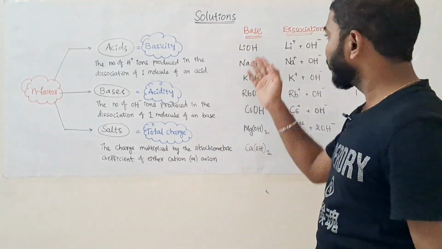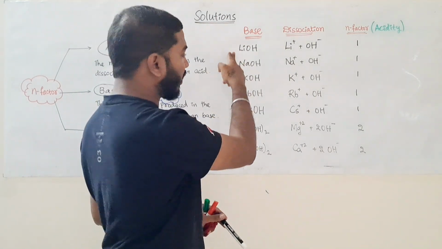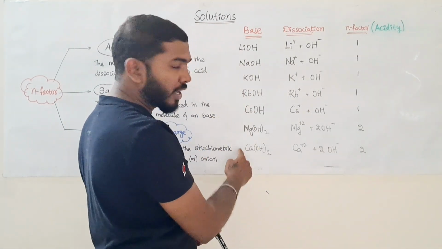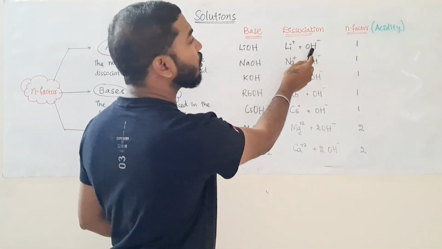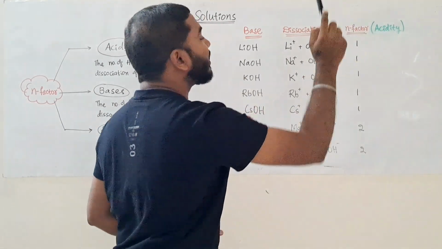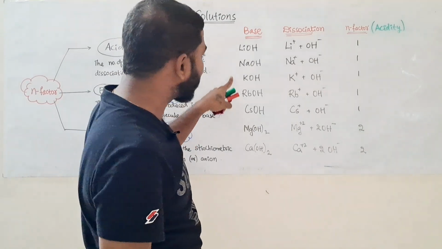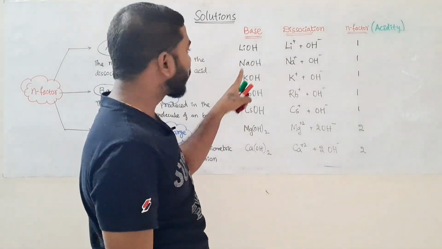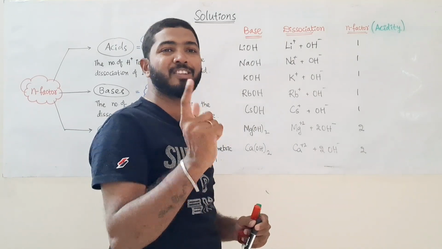I have given a few examples here: lithium hydroxide and other first group bases, and I also gave 2 second group bases. Lithium hydroxide can give 1 OH minus ion, so its N factor, which is acidity, is going to be 1. And for sodium, potassium, rubidium and cesium, since all of them are first group elements, they generally form monoacidic bases.